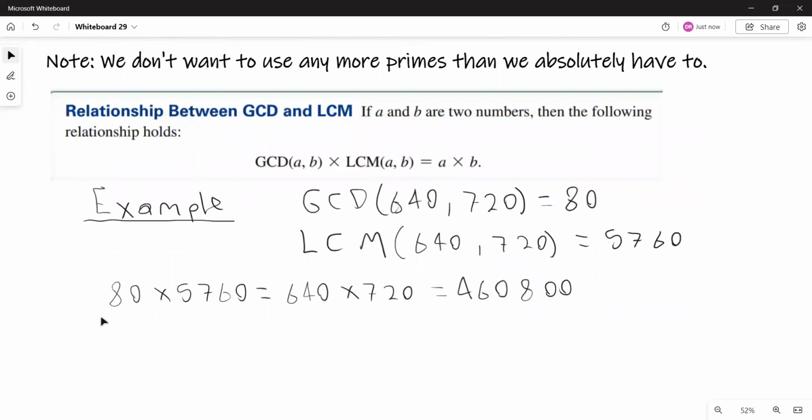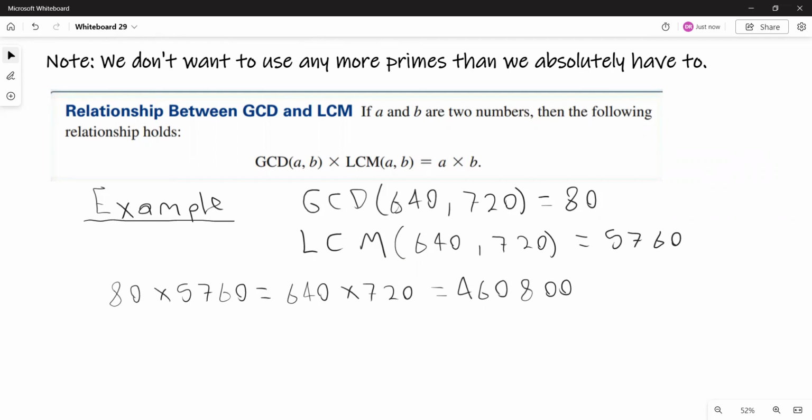Okay, so far we have seen two methods for finding the greatest common divisor and least common multiple. The first one is the better approach for small numbers: just list the divisors and the multiples and identify either the GCD or the LCM. Another method is using prime factorization.